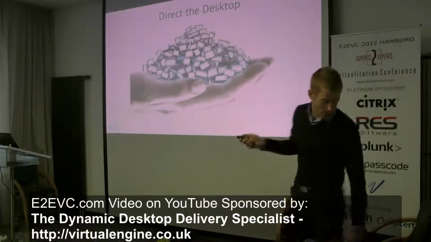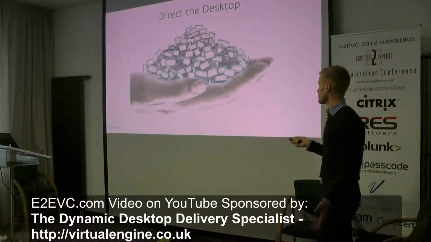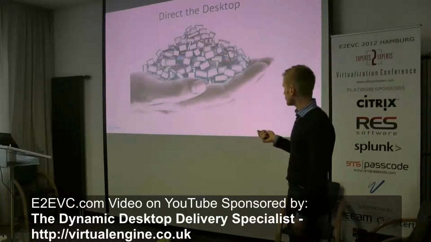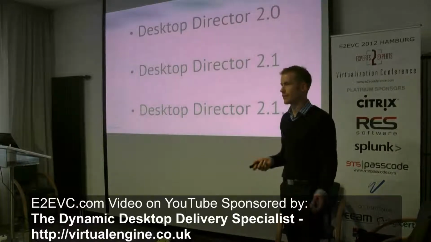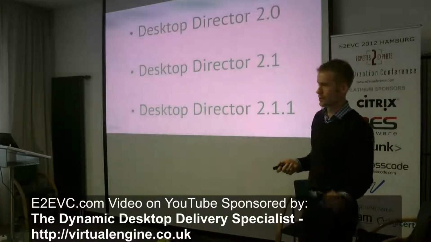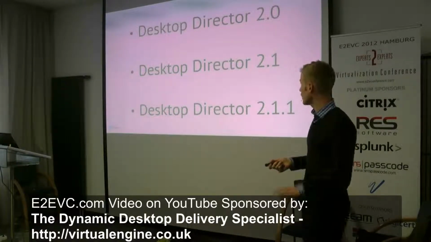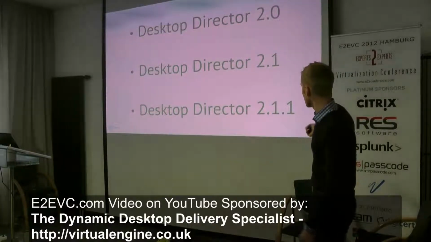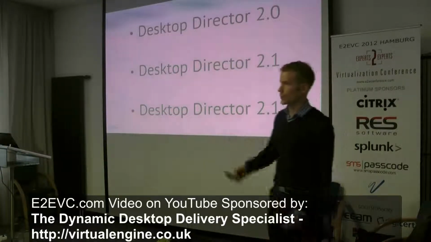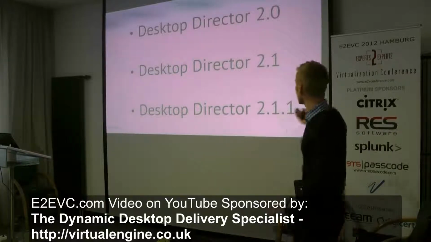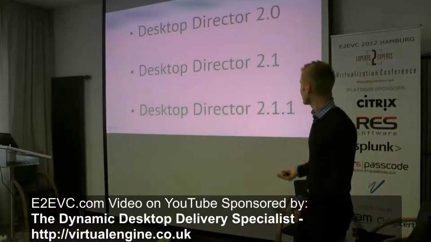Right, so that's sort of covering the features. Now I'll go over how you install Desktop Director. You can't install Desktop Director 2.1 directly, so you have to first install Desktop Director 2, and then you have to upgrade to Desktop Director 2.1, and then there's an actual hotfix called 2.1.1, which fixes some issues that you might get when upgrading from 2 to 2.1.